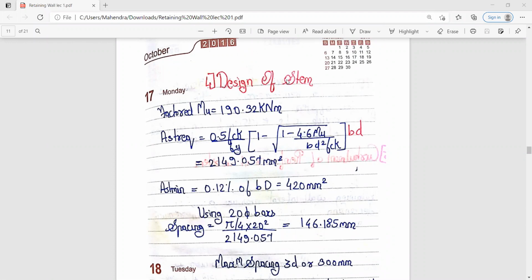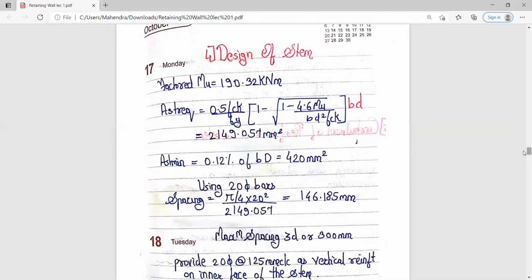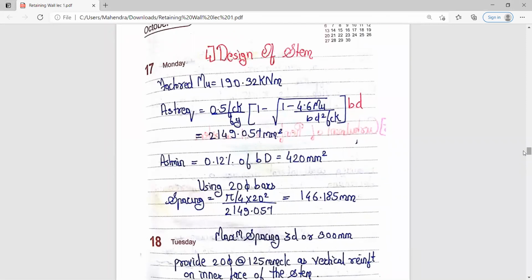Maximum spacing here you have to consider 3D or 300 mm. So here we are going to get the spacing as 146.185.